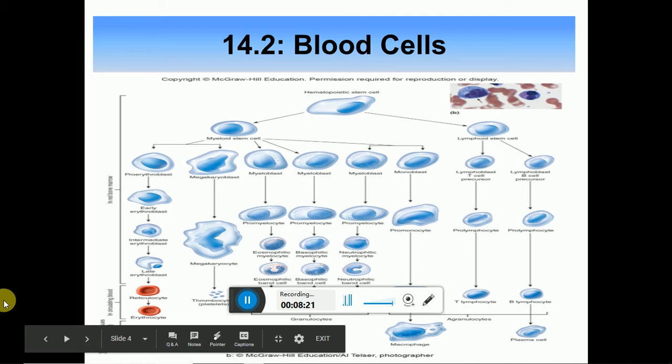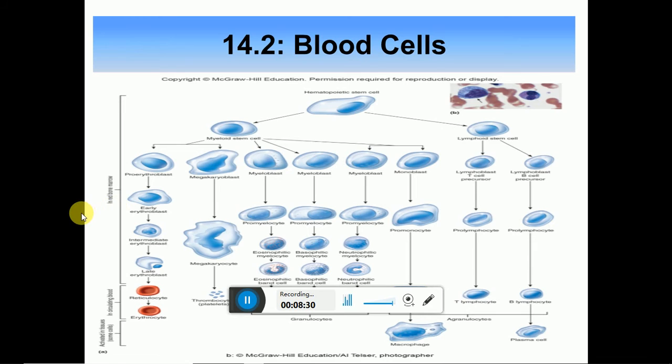To understand what this image is showing, all of these cells right here are the different stages that happen in your bone marrow, while the one at the very bottom of this page shows what shows up in your tissues, and the part in the middle is what shows up in your bloodstream.